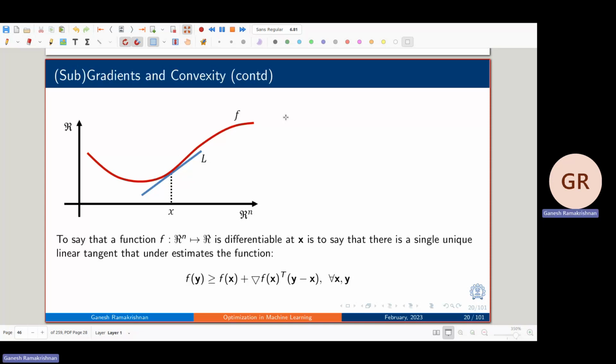Does there exist an H at every x1? That's the question we are trying to answer. Yeah, so we want behavior like a gradient.